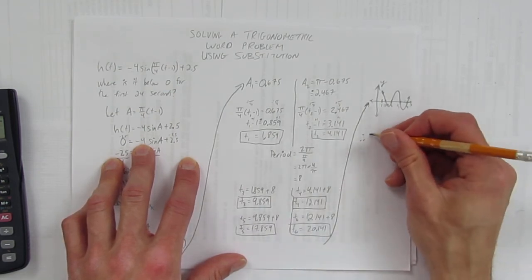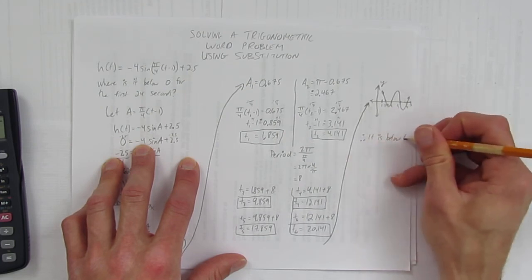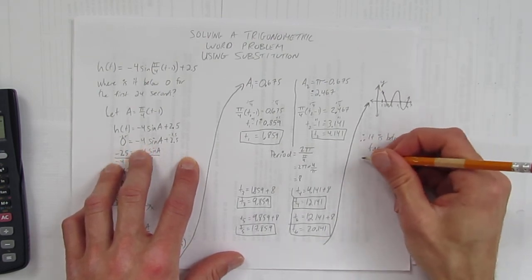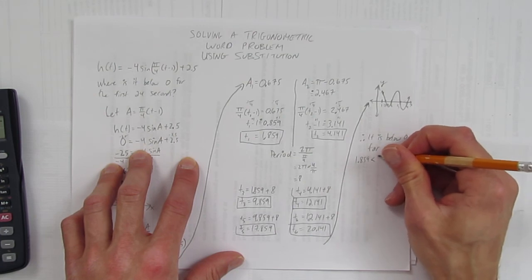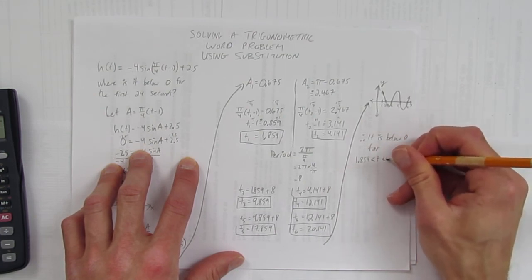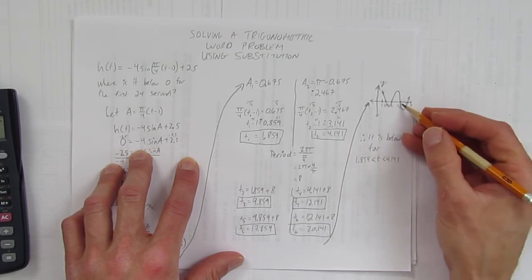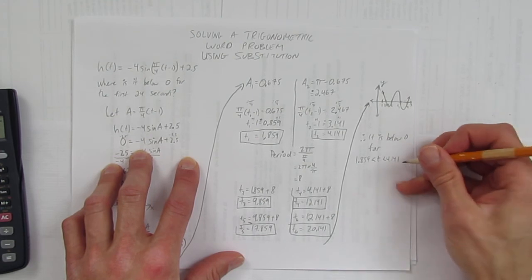Therefore, it is below 0 for, and now I'm going to state all the intervals. It's below 0 from 1.859 is less than t, which is less than 4.141. It can't equal that because then it's exactly at 0, and it doesn't say at or below, it just says below, so no equal signs.